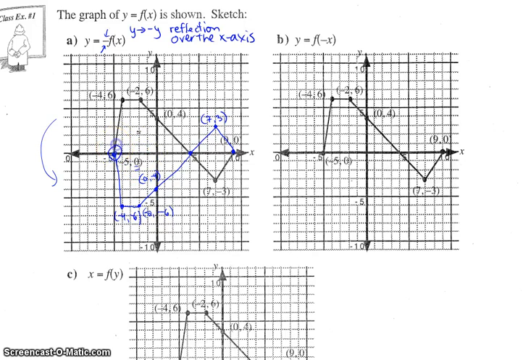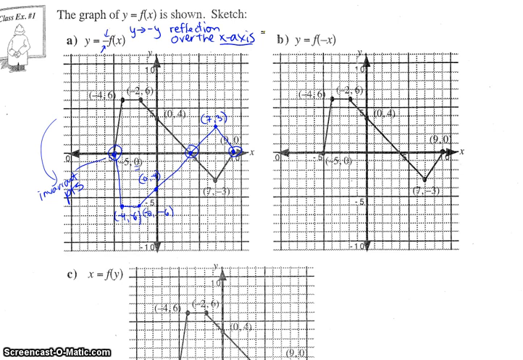So these 3 points did not change. Those points are called invariant points. Okay, notice where they are. They're on the x-axis. Where were we reflecting? Over the x-axis.